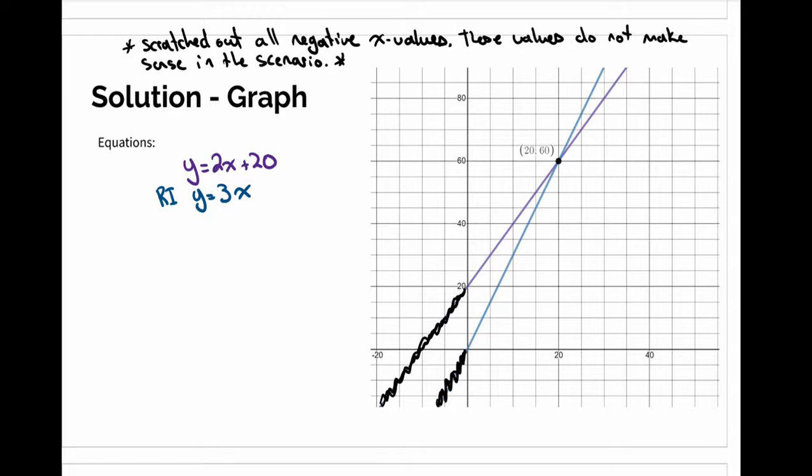So again, I'm trying to figure out, is Radical Island the cheapest option? So looking at this, there are 3 scenarios that I can look at.